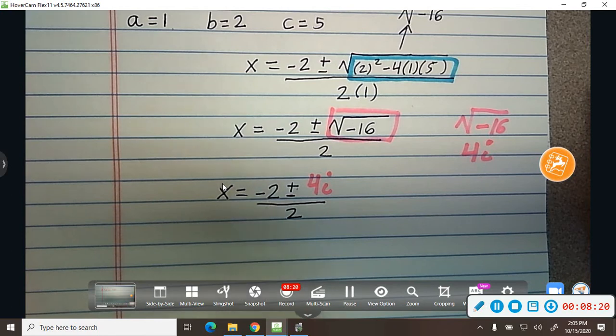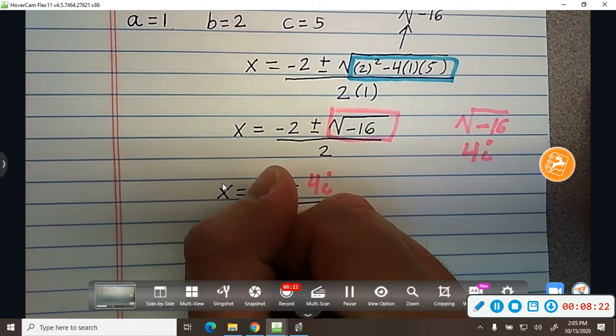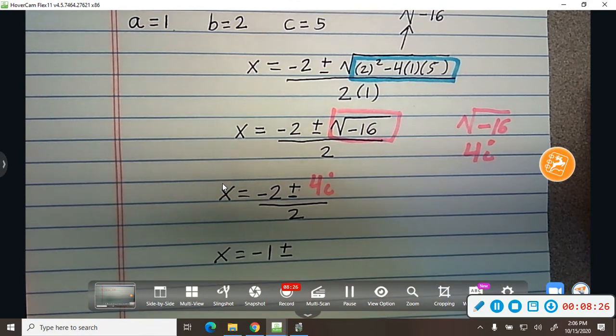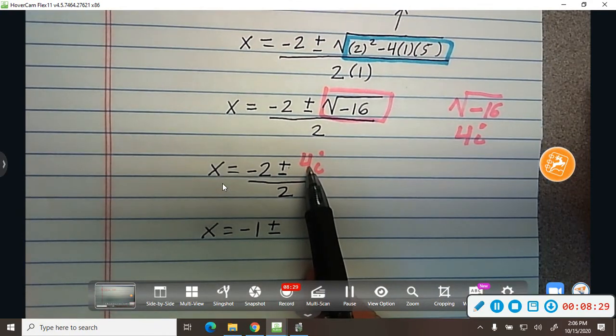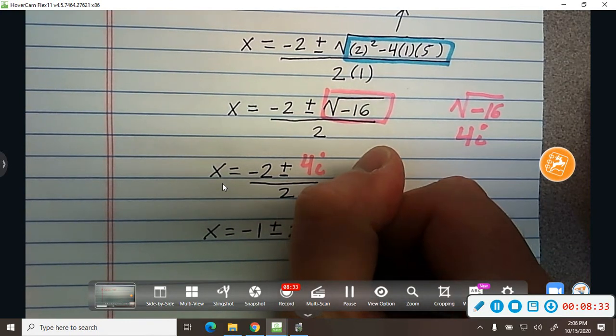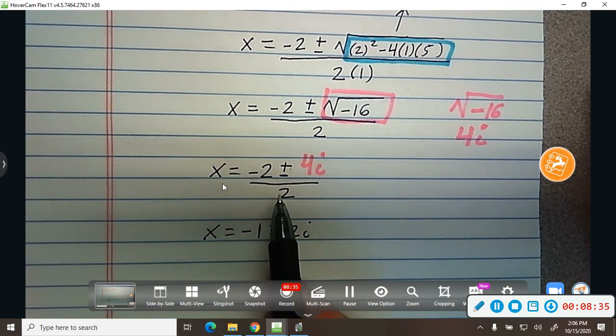Negative 2 divided by 2 is negative 1. Four divided by 2 is 2. And 2 divided by 2 is 1.